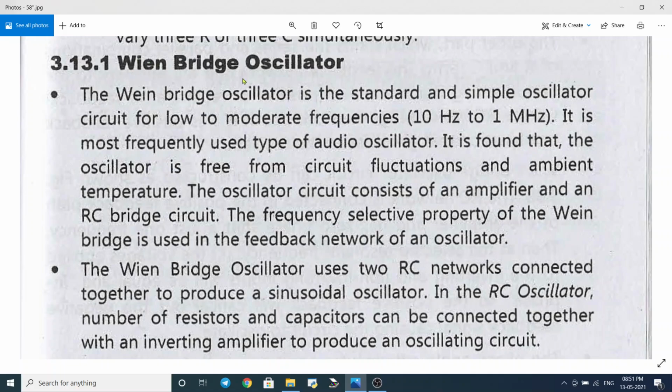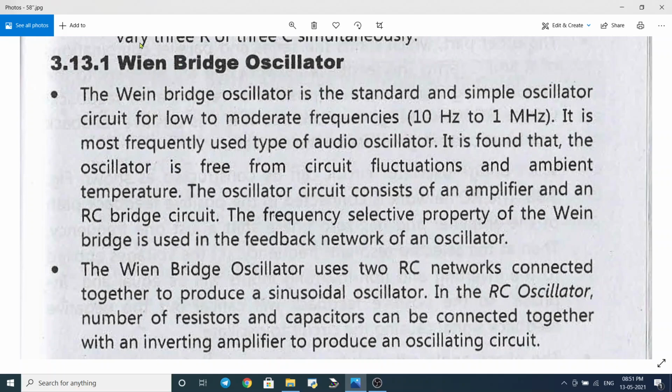So this Wien bridge oscillator is an RC oscillator which is used for low to moderate frequencies. Low to moderate frequencies means if we want an output sine wave frequency between 10 Hz and 1 megahertz, we can use the Wien bridge oscillator circuit.